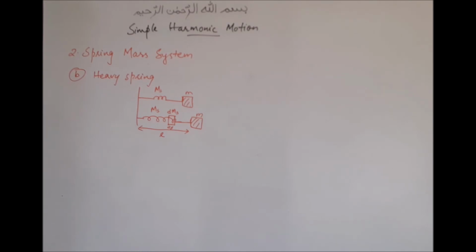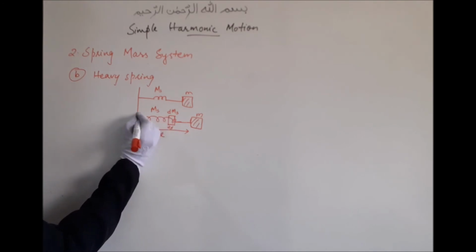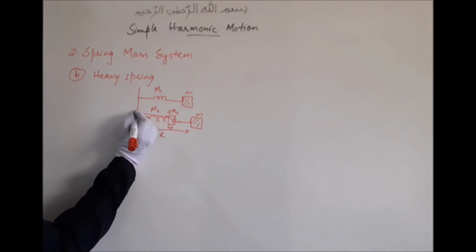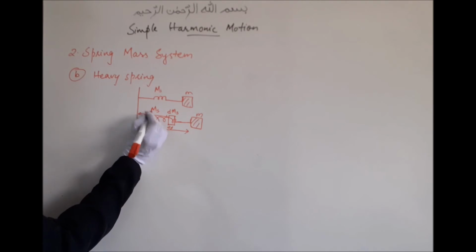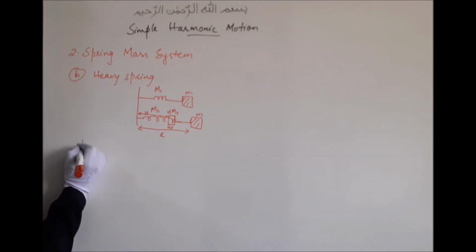Then I will integrate it to get the total kinetic energy of the spring. So let the distance of this elementary portion from this starting point be y.